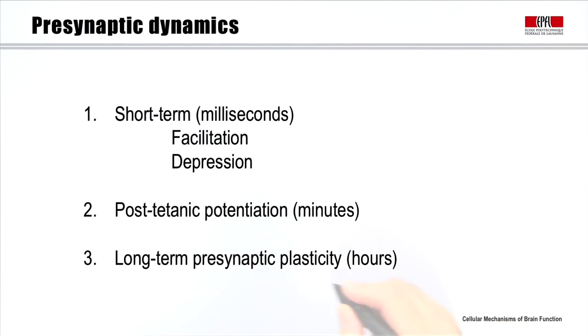These 2 longer-lasting plasticities rely upon complex signaling cascades downstream of activity and calcium, whereas these are immediately related to the calcium and the amount of neurotransmitter vesicles available. And we'll talk a bit about each of these 4 different forms of presynaptic short-term plasticity in the next slides.